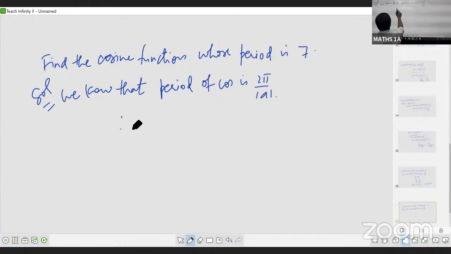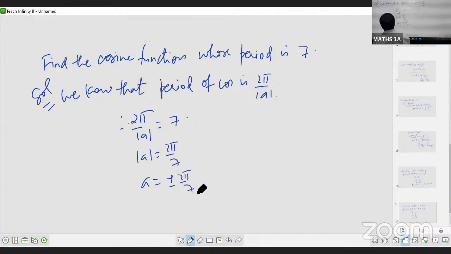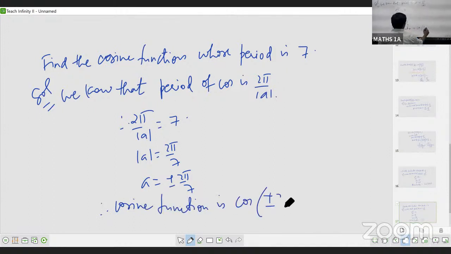Therefore 2 pi by mod a equal to 7. Mod a equal to 2 pi by 7. A equal to plus or minus 2 pi by 7. Therefore, the cosine function is cos of plus or minus 2 pi by 7 x.